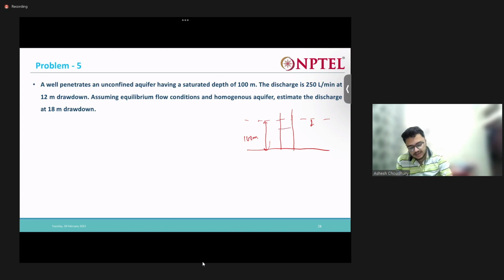From here to here we are pumping out, so the water level will reduce here. When this is 12 meter, my discharge is 250 liters per minute. So we need to calculate the discharge when in this well my drawdown is 18 meters. From here to here it's 18 meters. When it is 18 meters, we need to find out the discharge.